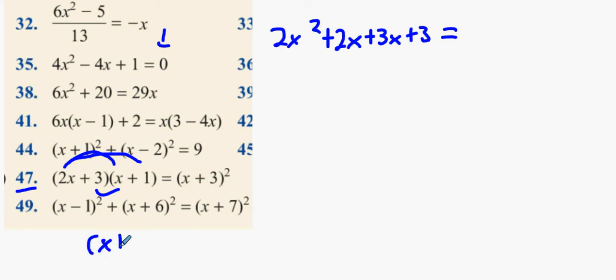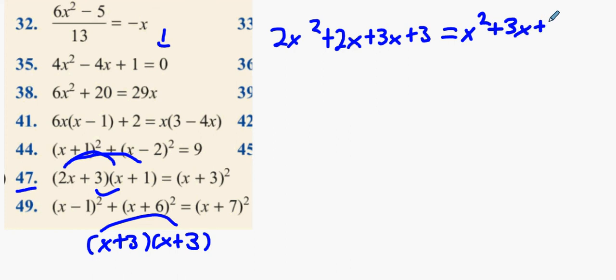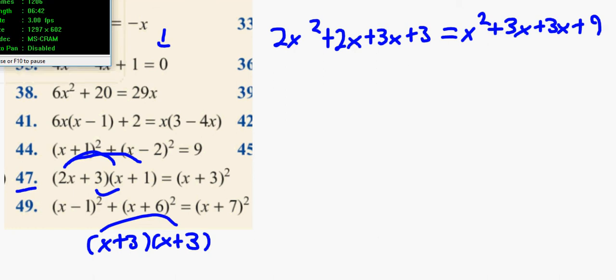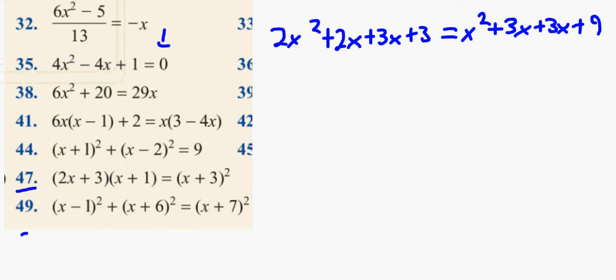So that's x plus 3 by x plus 3, which is x squared, plus 3x plus 3x plus 9. Pause there. Anybody have any questions for me? Now, let's have a look. 5x, happy with that?